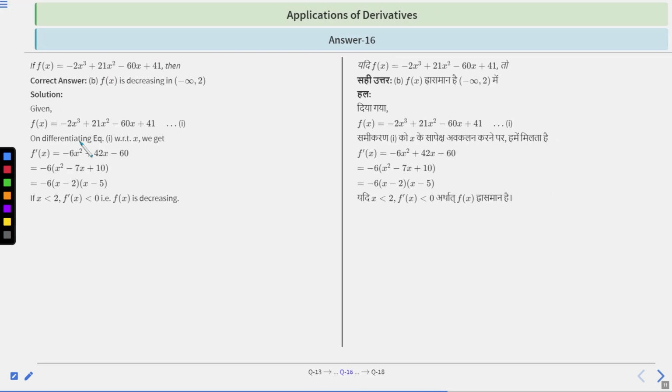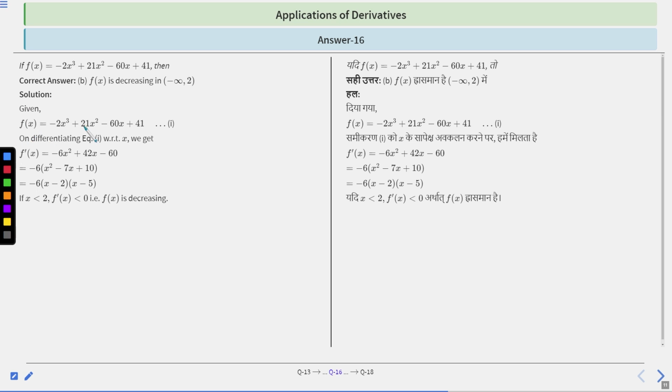Okay, let's move to the solution part C. Since f(x) is minus 2x cube plus 21x square minus 60x plus 41, now on differentiating equation 1, we will get f'(x) equal to minus 6x square plus 42x minus 60. If we take minus 6 common, it is minus 6 into (x square minus 7x plus 10), which equals minus 6 (x minus 2)(x minus 5).